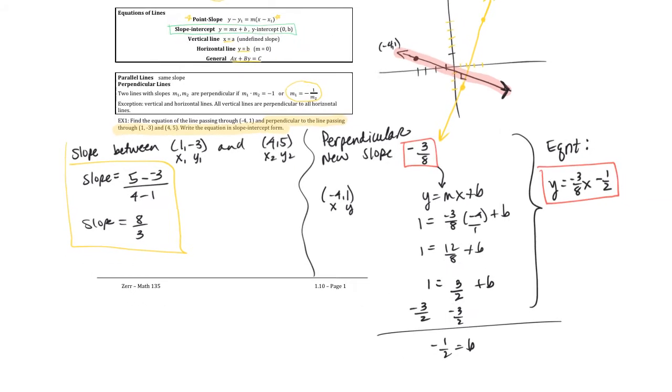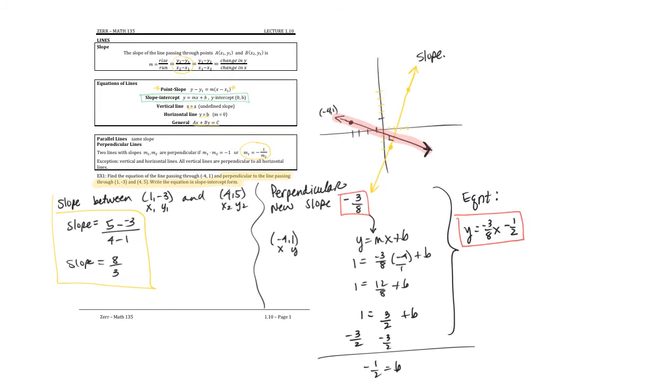Okay, and that's how I teach it in a beginning college algebra class, Math 103. But as we move on, it is often easier to use the point slope form. Let me just show that point slope form, and you may have done this if you had a different teacher. Point slope form goes like this: y minus y1 is equal to the slope times x minus x1, from my example point.